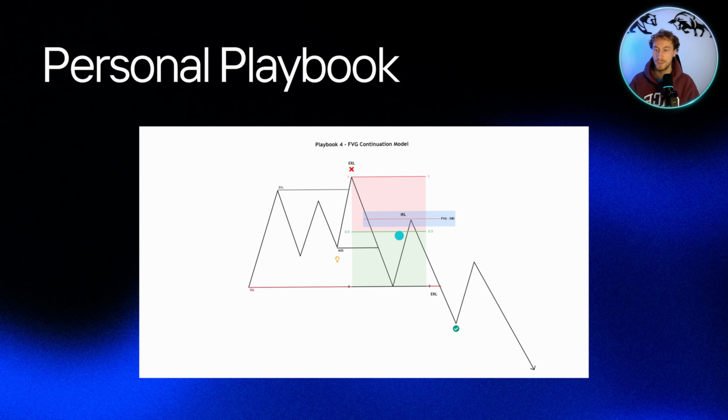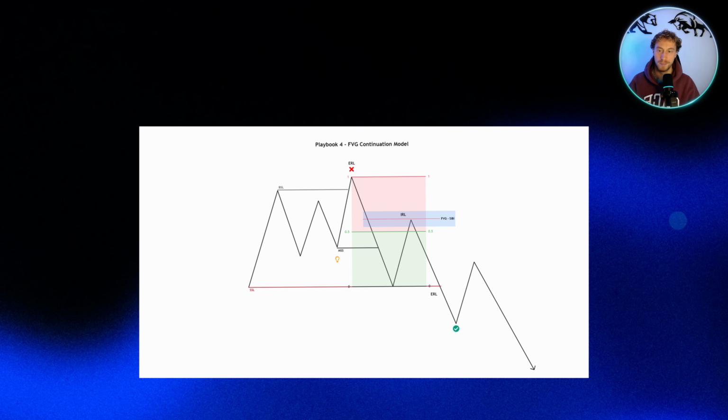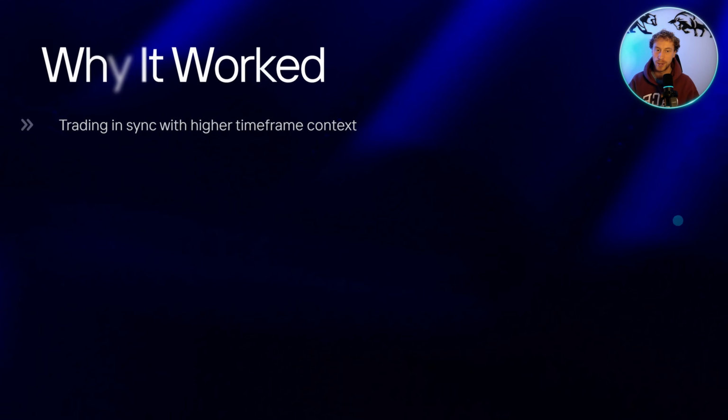I'm entering inside internal range liquidity, and I'm exiting fully out at external range liquidity. So now I quickly want to go over the why behind the trade idea, because this is really important before I'm entering any trade.